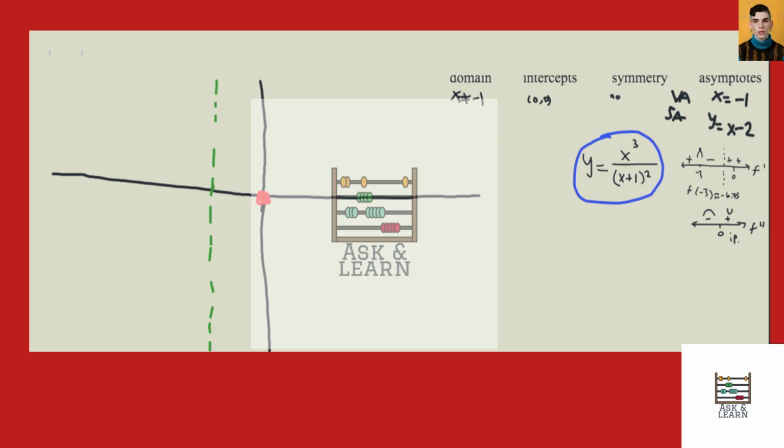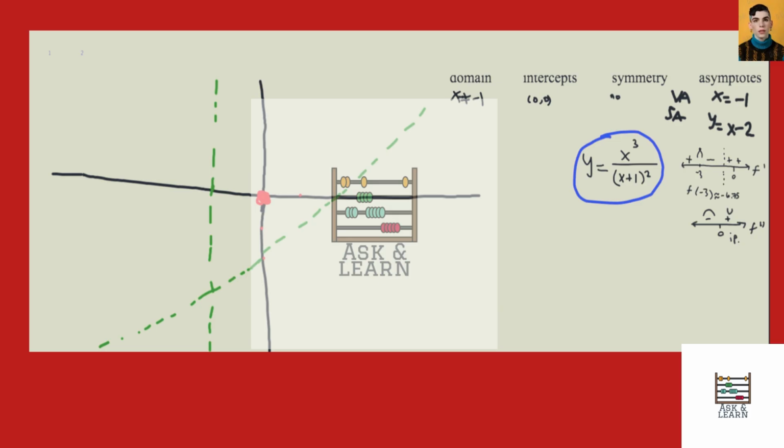So if we say that this is 2, 1, 2, and this is 1, 2, then we have a slant asymptote going through here. All right.